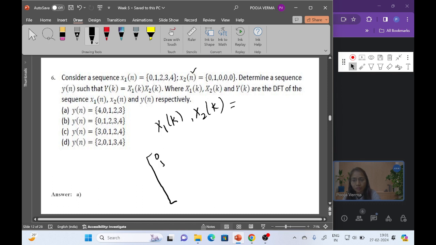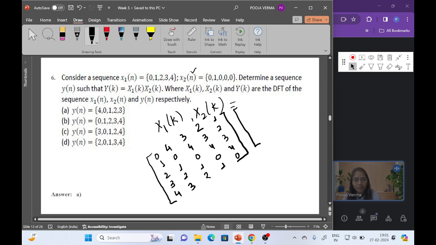So 0, 1, 2, 3, 4. Then we take the 4 up top, giving the sequence 4, 0, 1, 2, 3. Then 3, 4, 0, 1, 2. Then 2, 3, 4, 0, 1. Then 1, 2, 3, 4, 0.